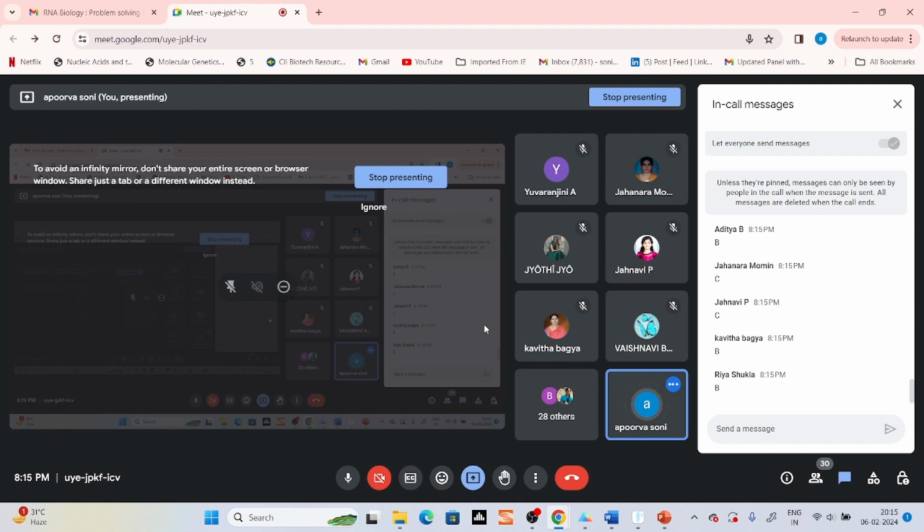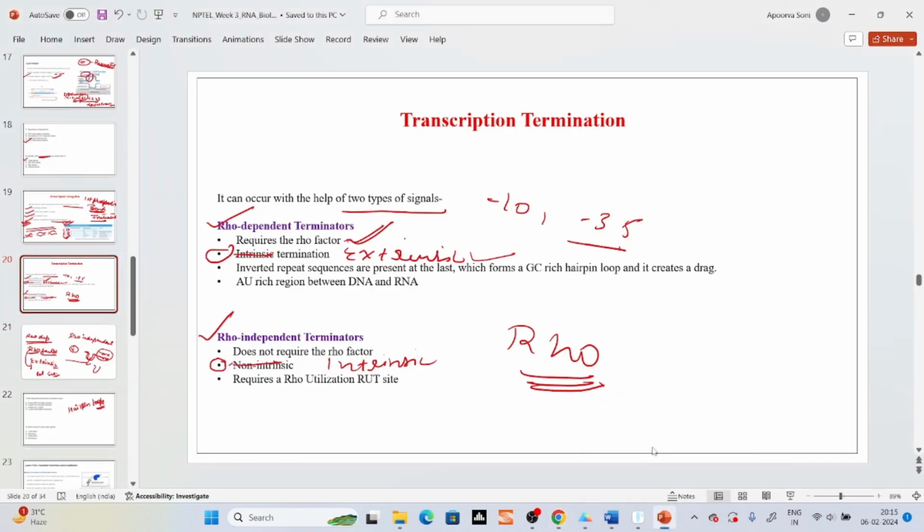Okay, so Aditya is saying B, Janara is saying C, Janvi is saying C, Kavita is saying B, Riya is saying B. So we have A also, we have B also, and we have C also in options.